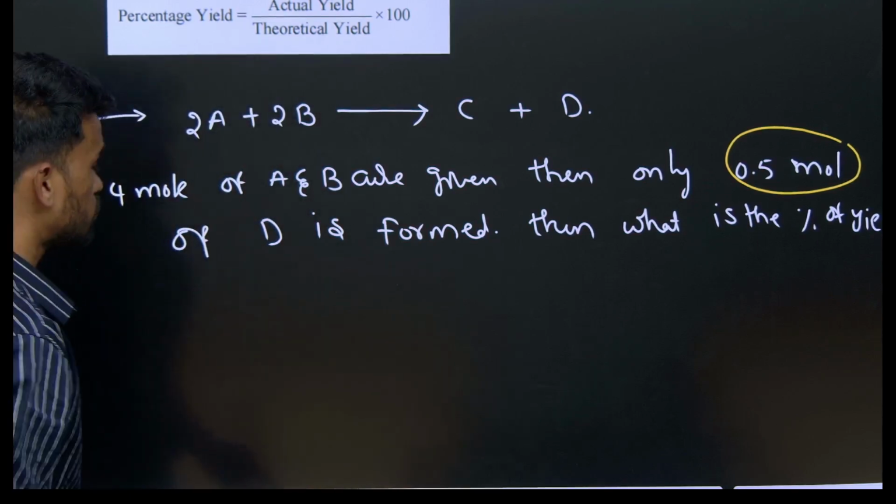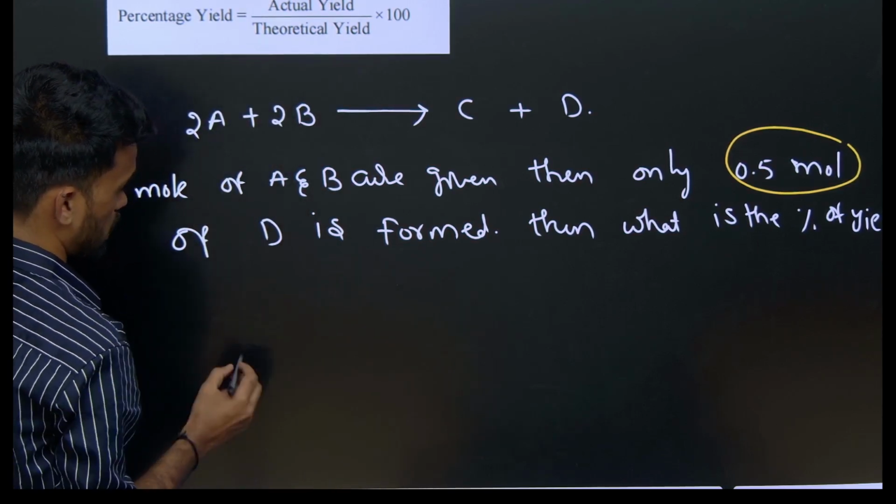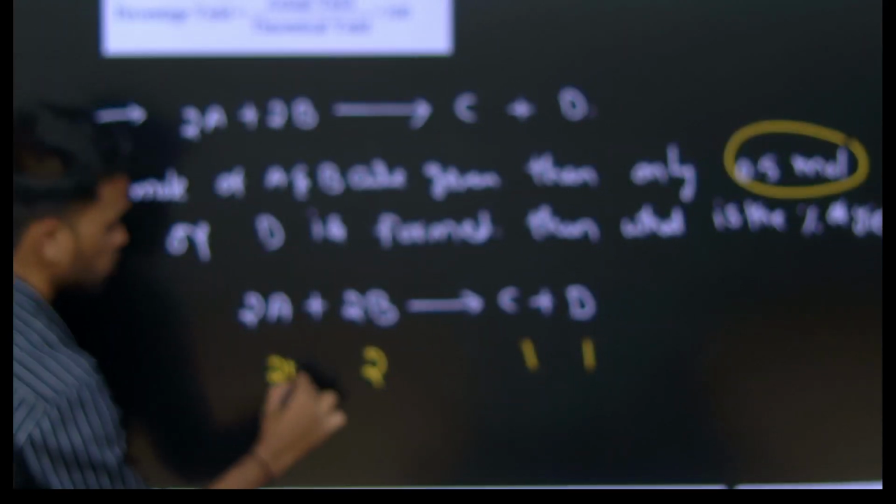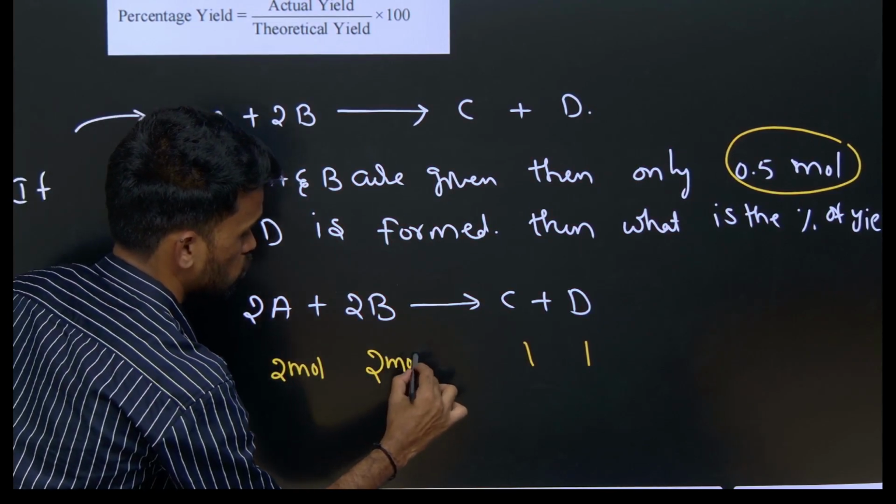See here, for this particular reaction, 2A plus 2B gives rise to C plus D. They have given this equation. So now, what is the mole ratio? 2, 2, 1, 1, so this is how the mole ratio is given in the question.